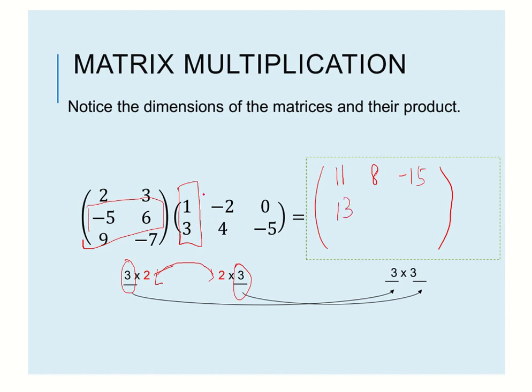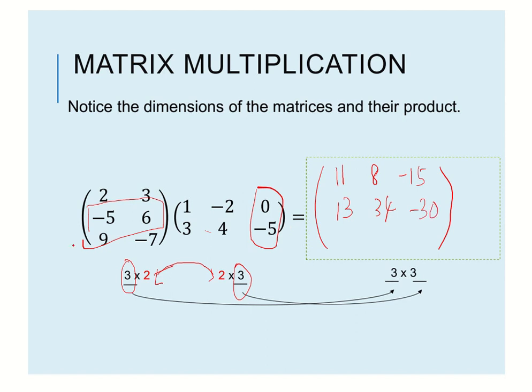All right, then move to the second column: 10 plus 24, so it's 34. And move to the third column now. So we will have 0, -30.